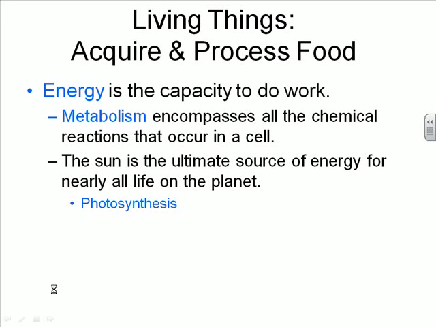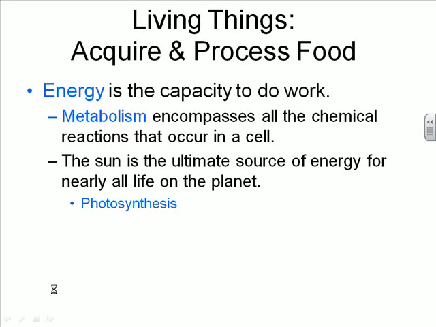Now, metabolism is any chemical reaction that occurs in the cell. That chemical reaction could be the building up of something or the breaking down of something. Metabolism just refers to change. We need this energy. We need to undergo metabolism in order to maintain the functionality of a cell.